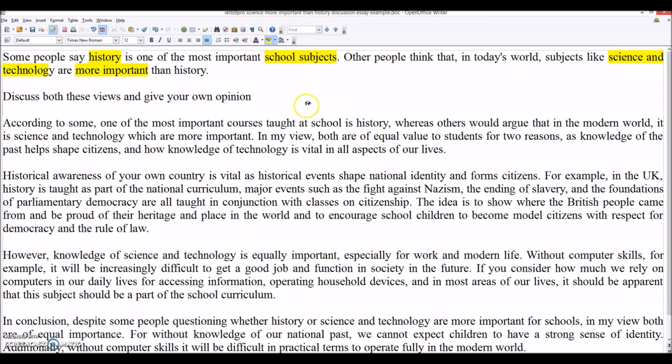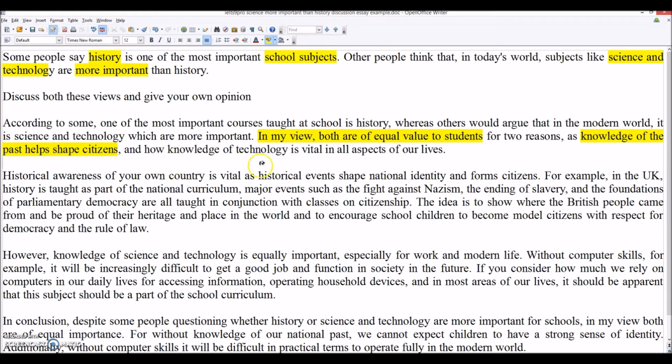Okay. So sentence one, you paraphrase. One of the most important courses, blah, blah, blah. Okay. Clear opinion. In my view, I say both are of equal value for two reasons. As knowledge of the past helps to shape people as citizens.